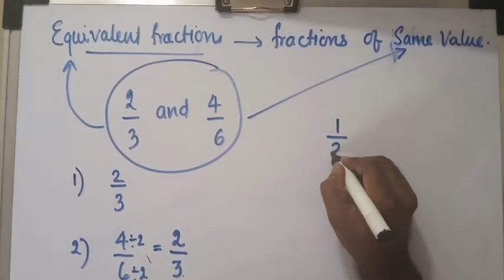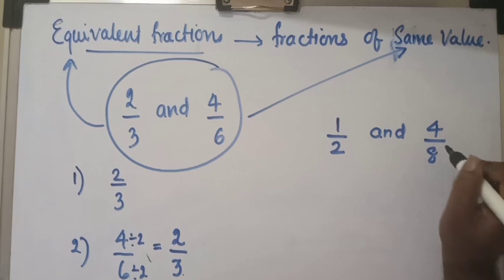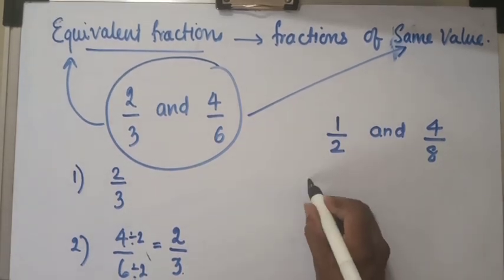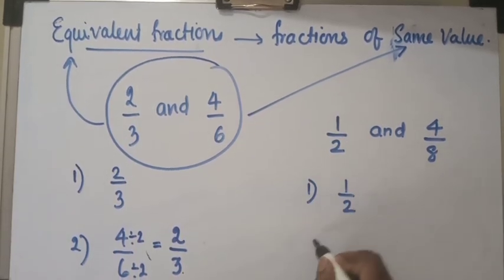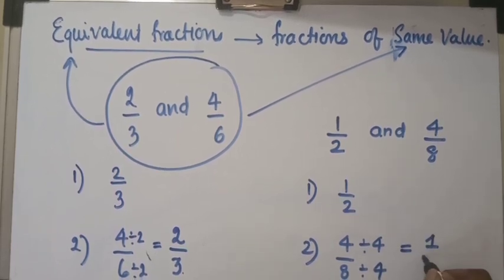In the same way, 1 by 2 and 4 by 8 are also called equivalent fractions, because I can convert 4 by 8 into its simplest form by dividing by the highest common factor, which is 4. So I have 1 by 2.